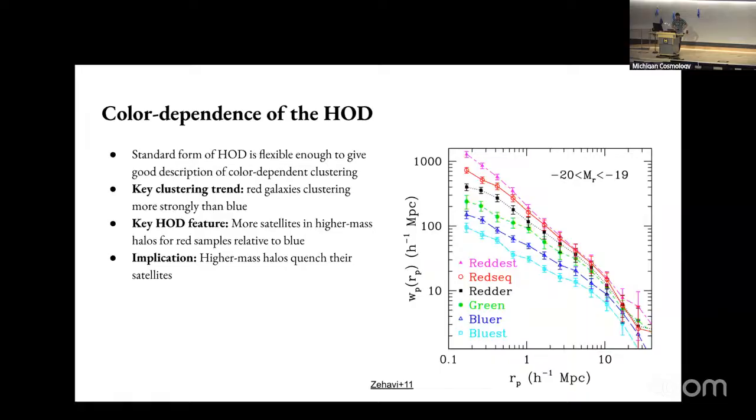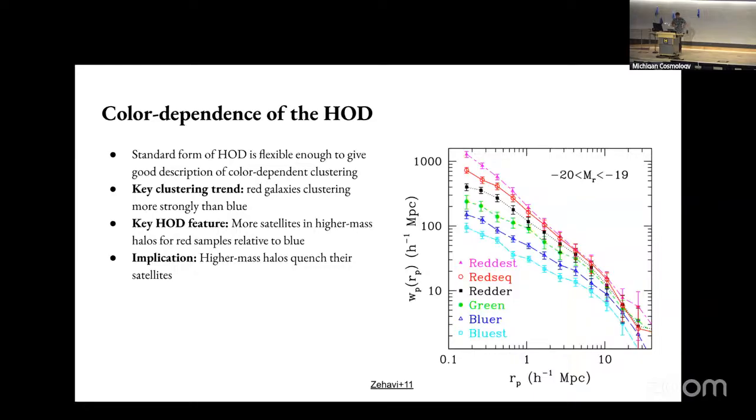So let's see. Sort of rinse and repeat, but now rather than for luminosity-dependent clustering, for color-dependent clustering. You can similarly repeat this exercise and just fit your HOD functional forms to color-selected galaxy samples. And this is what was also done in the same paper. So Edith did this for different gradations of, I'm pretty sure it was G-R color, from reddest to next reddest to next reddest, all the way down to bluest for a particular threshold, a particular bin luminosity.